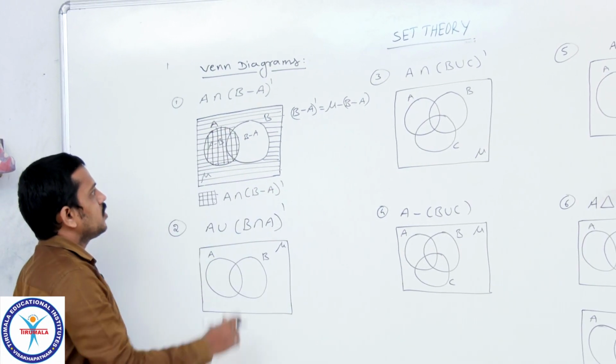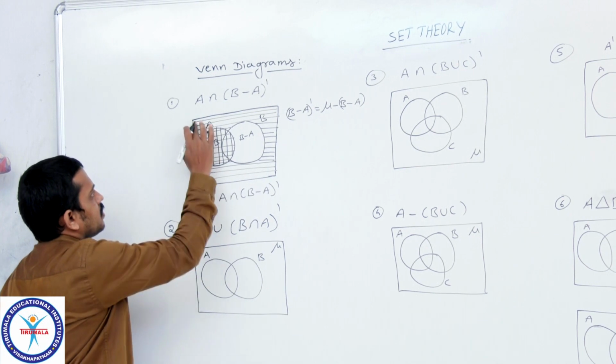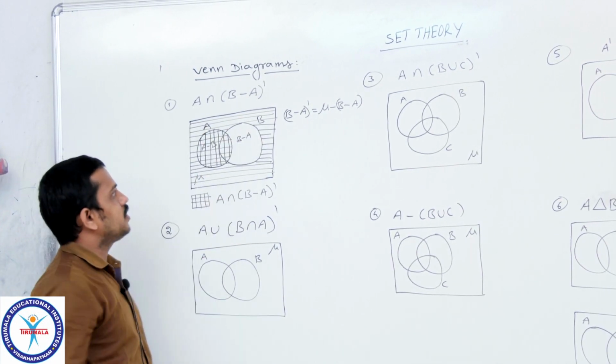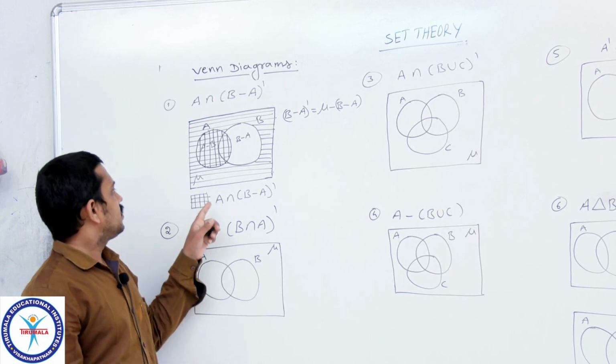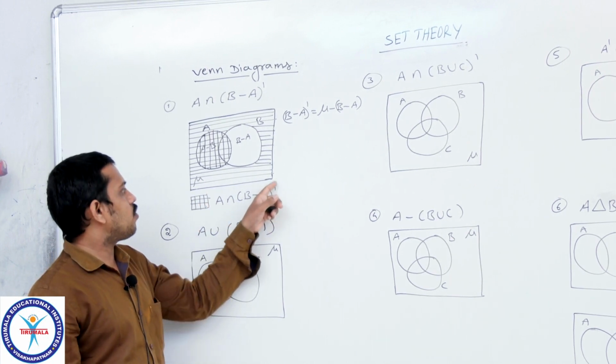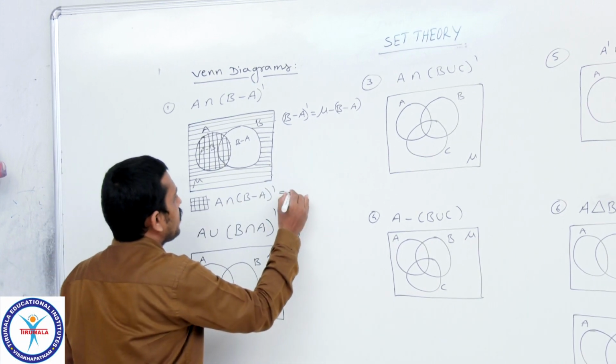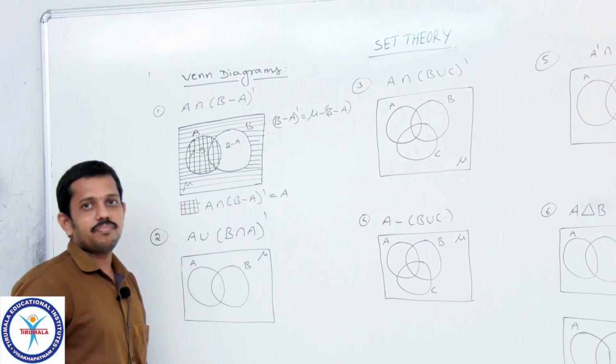Simply we can remove these single lines, and whatever region belongs to set A is A intersection (B minus A) whole complement. Therefore, A intersection (B minus A) whole complement is nothing but A.